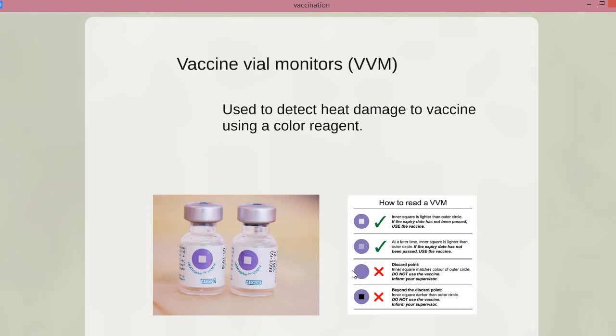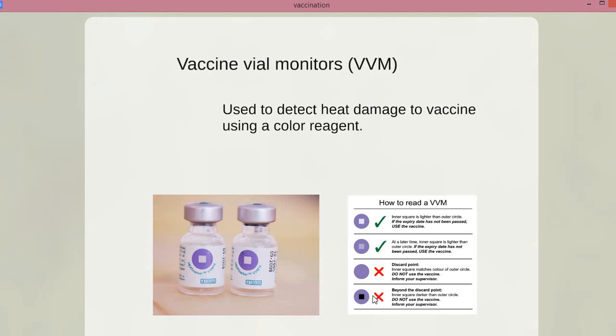Sometimes the vaccine vial monitor might show that there is no square to be seen. The inner square matches the color of the outer circle. Then we cannot use this vaccine even if it has not gone beyond the expiry date.